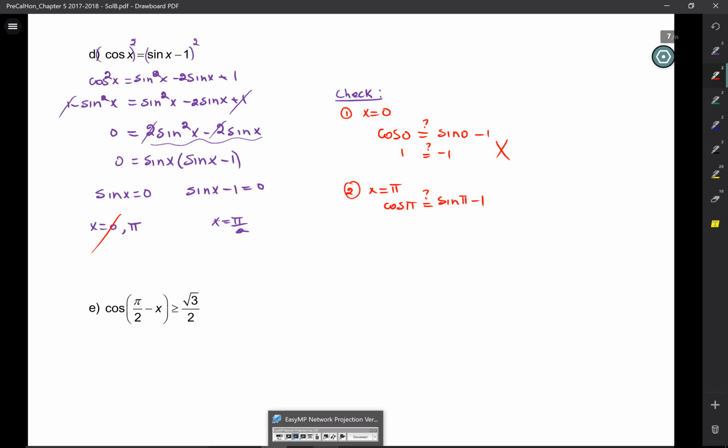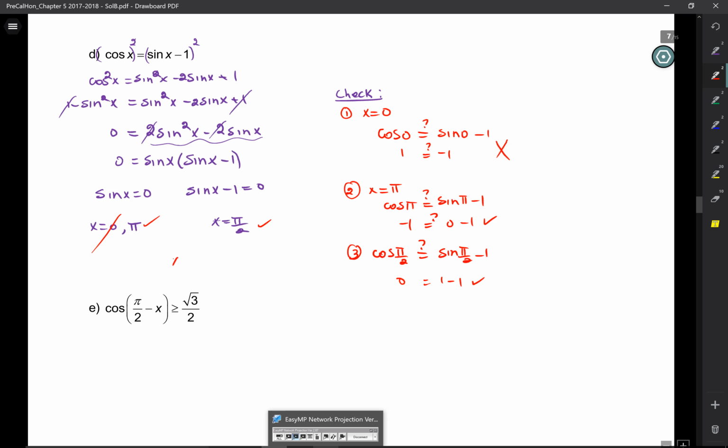Cosine of pi is negative 1. That one works. And what about pi over 2? Is cosine of pi over 2 equal to sine of pi over 2 minus 1? What's cosine of pi over 2? 0. Right. So the answer is just pi over 2 and pi.